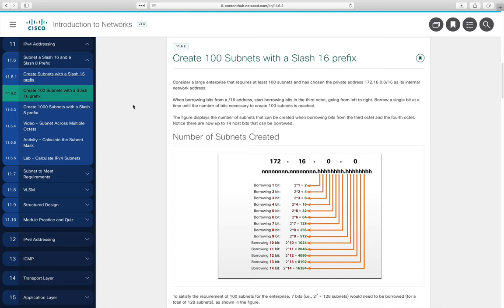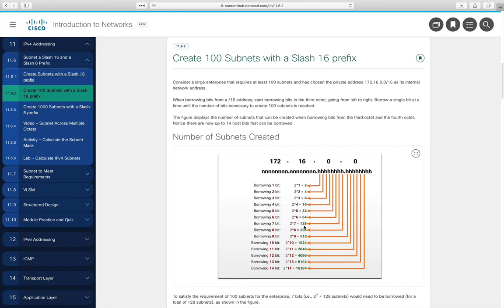They've gone through and shown you this, but we want 100 subnets. So n equals 7 is 128. For n equals 7, that's the smallest value that will allow us to have 100 subnets. If we go down to 6, we have 64, which does not meet that.